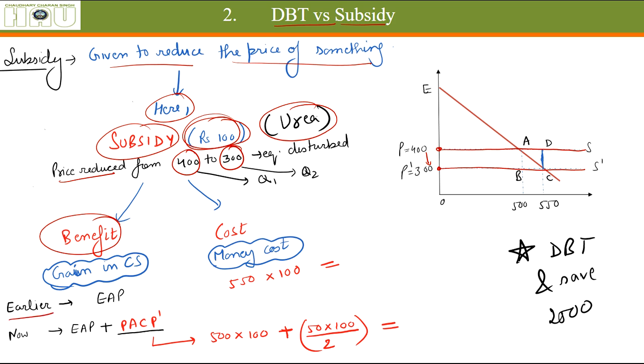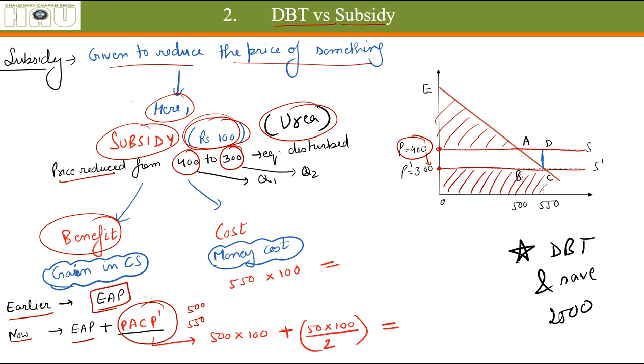Earlier, when the price was 400 rupees, this was the consumer surplus, that is equal to EAP. But now the consumer surplus after the subsidy is equal to EAP plus PACP dash. Earlier the quantity bought was 500 units. Now the quantity bought is 550 units. So people now are spending this much amount of money after the subsidy.